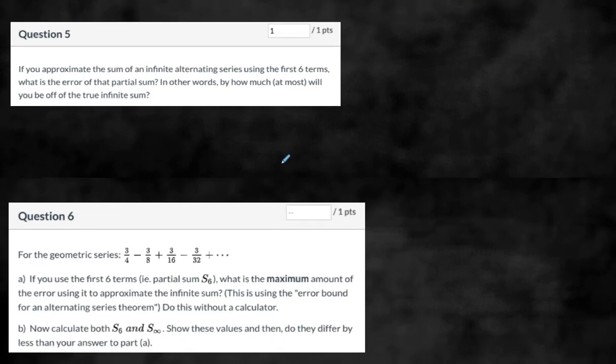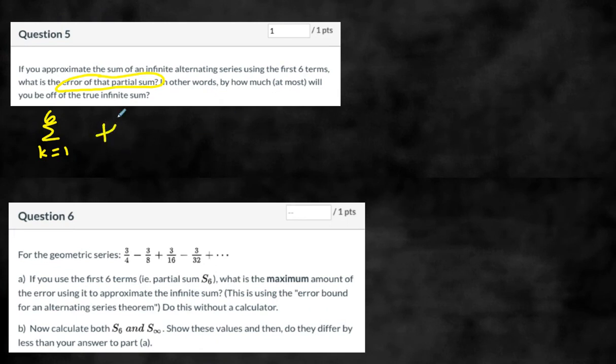Question 5 says, if you approximate the sum of an infinite alternating series with only the first 6 terms, what is the error in the partial sum? In other words, how far would we be from the real infinite sum?